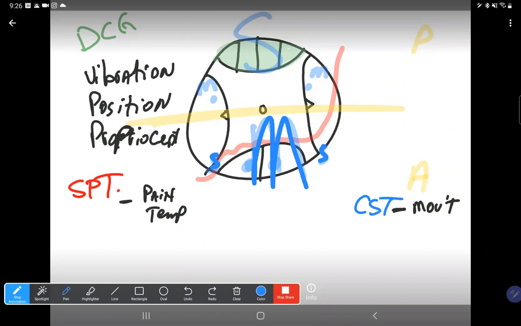However, the posterior side, you already guessed it, is mostly sense, and a little bit motor. Something I've noticed. So what do I mean? Well, of these three tracts, which one is motor?